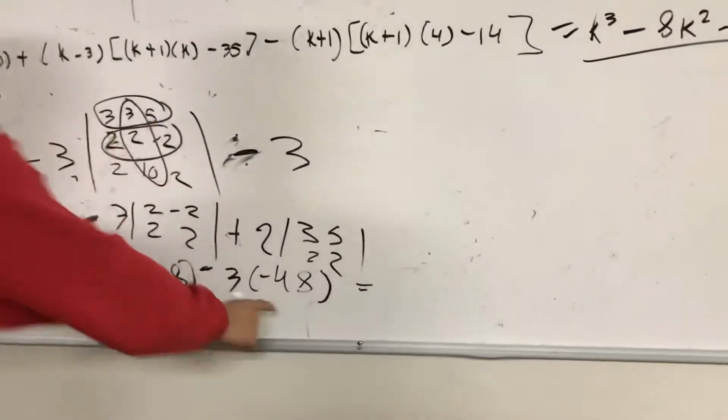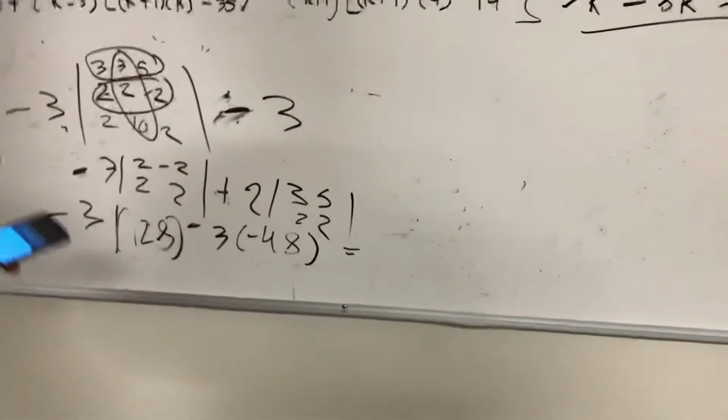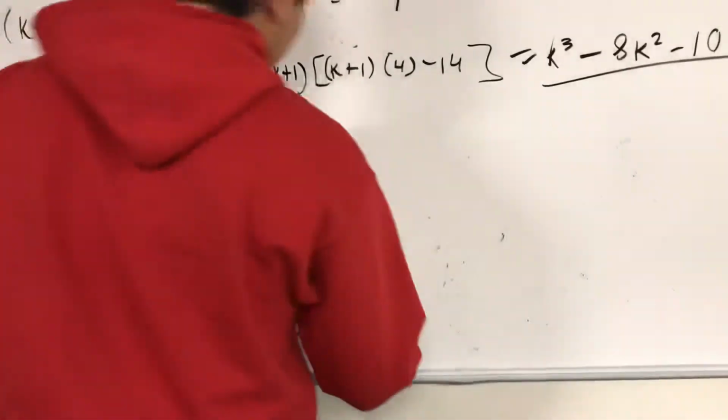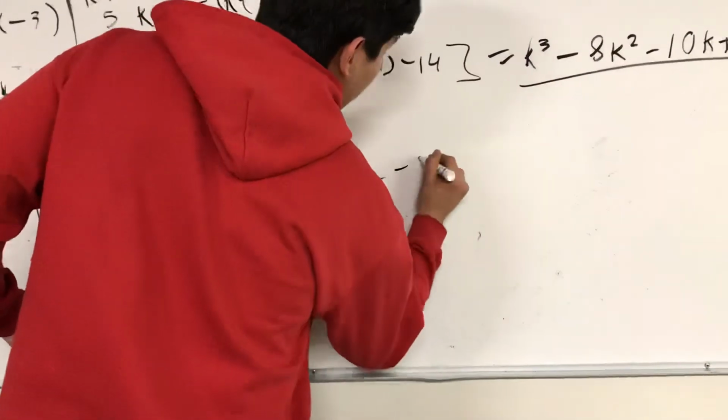So doing this multiplication and subtraction, it leads us to all this result being minus 240.